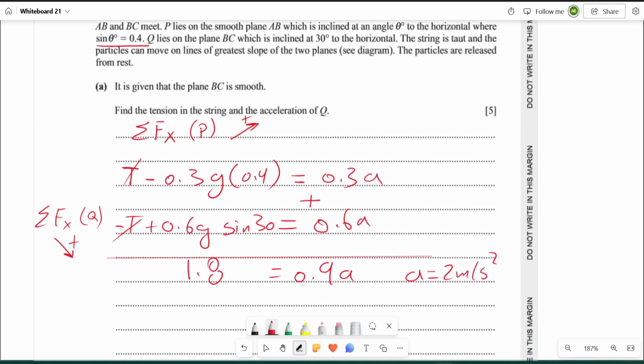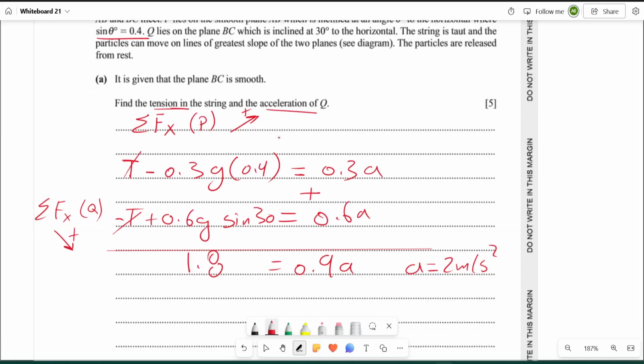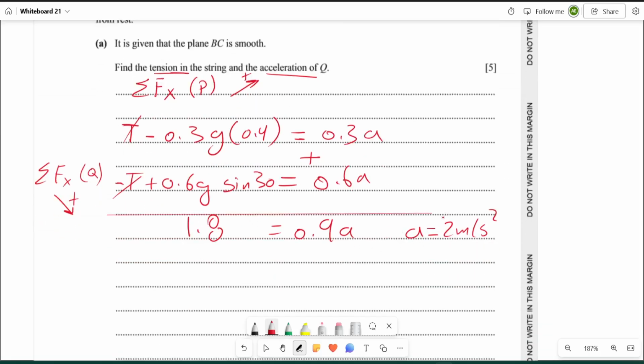And to find tension, the question wants the tension and the acceleration. To find tension, I'm going to substitute this acceleration in this equation. Feel free to choose any. I'm going to choose the first one. So T minus 0.3, actually 0.3 times 10 is just 3, times 0.4 equals 0.3 times 2.